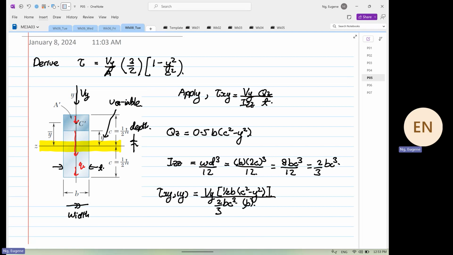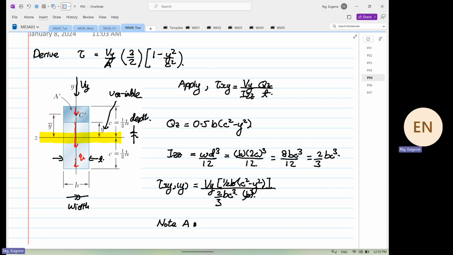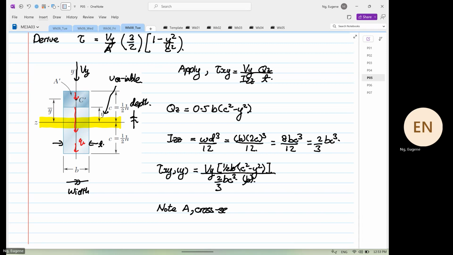We get rid of this, we get rid of this. Then note that A, which is the cross-sectional area, will be equal to 2CB, or 2BC.